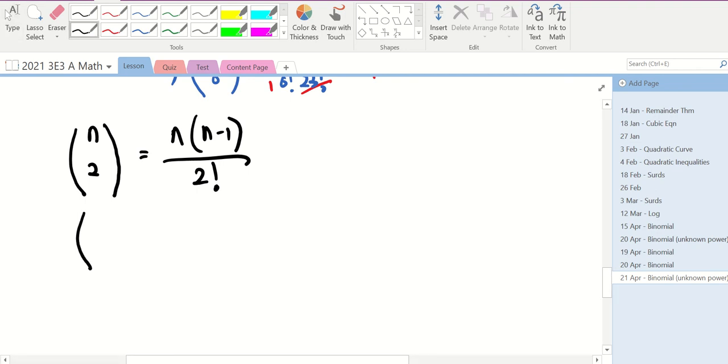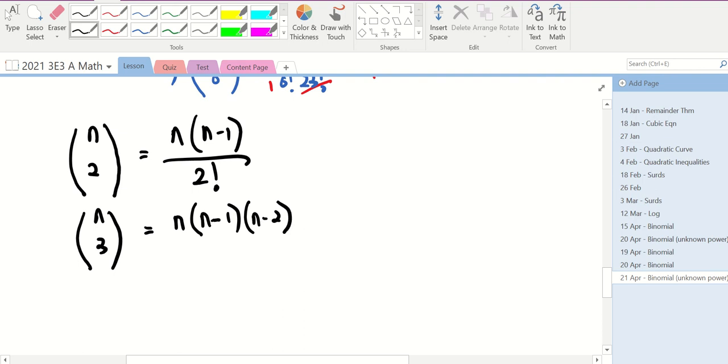Let's apply. If it's n choose 3, how many terms will there be on top? 3, because it's n choose 3. What are the 3 terms on top? n, followed by one number less than n, which is n minus 1, then what will be the next one? n minus 2.